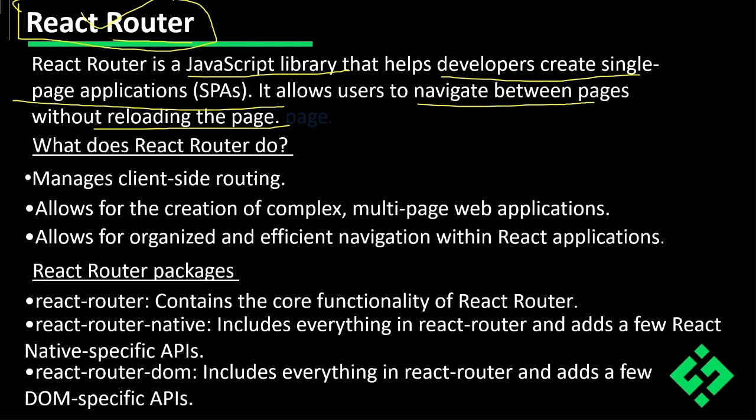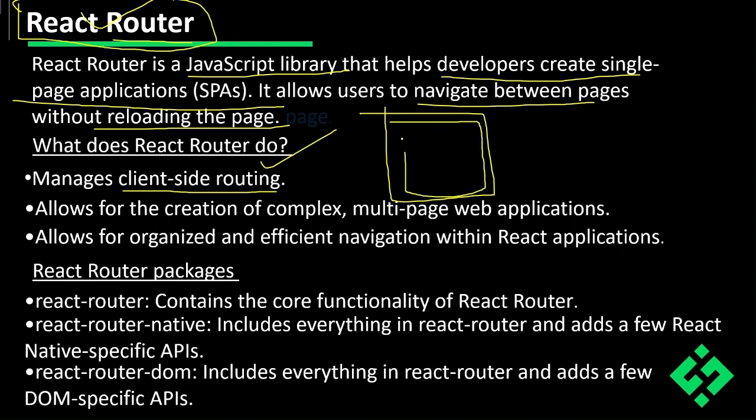Okay, so now what does it do? It helps with client side routing. Let's try to understand these complex things with a simple example. Say you have an e-commerce website. You have the basic home page, the description of different items available, and then you might have a cart option.